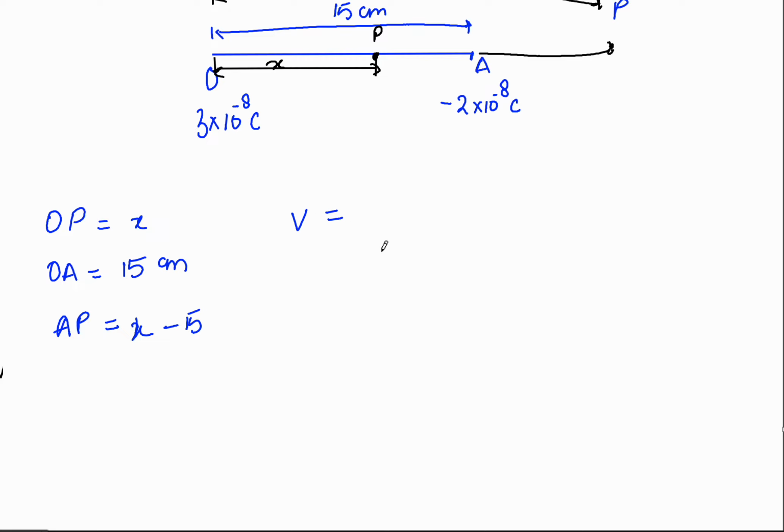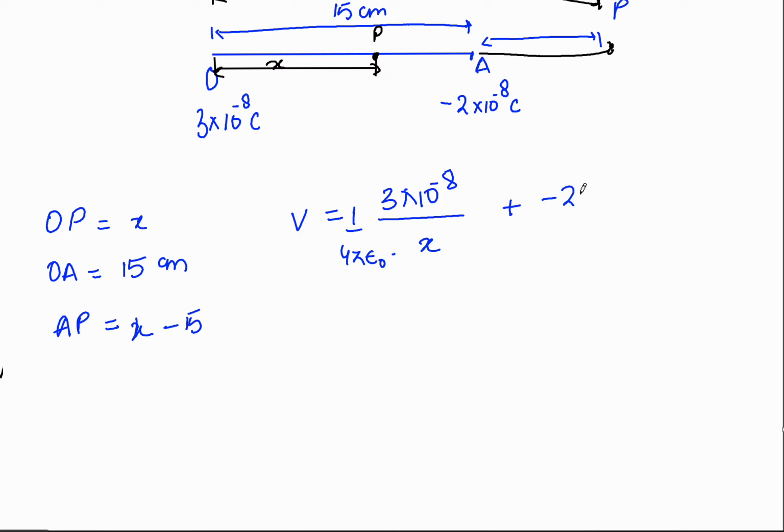Now again let's put these values in the formula, which is V, the potential difference. I'm not going to write the formula again. So V, the potential difference, is equal to the first charge 3 into 10 raised to the power minus 8 divided by 4 pi epsilon naught into x, which will be simply x only because the distance is from infinity. Now this distance we will have to see.